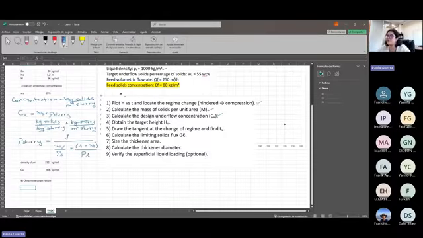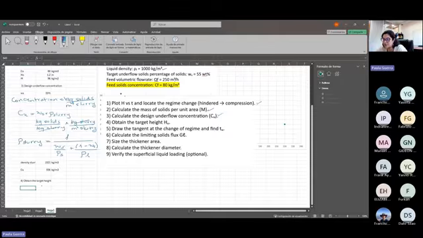So as I mentioned earlier in the class, the basis of the Talmadge-Fitch method is that the total solids over time in a settling system is not going to change.